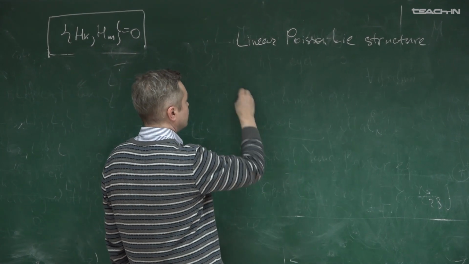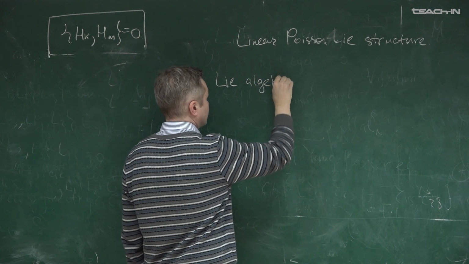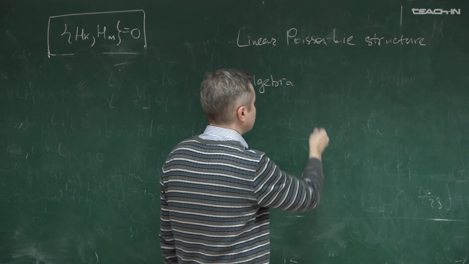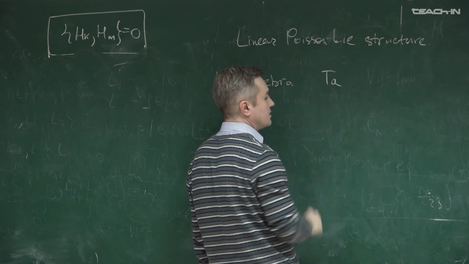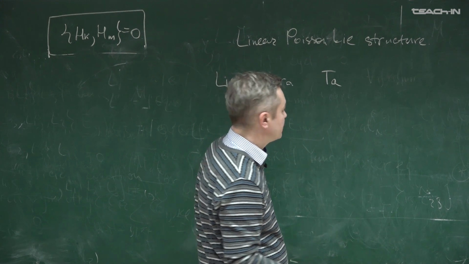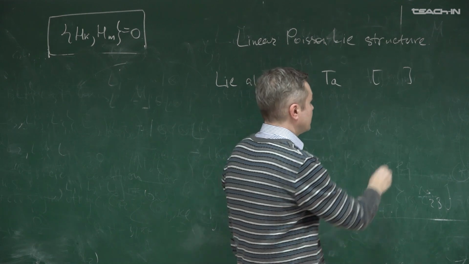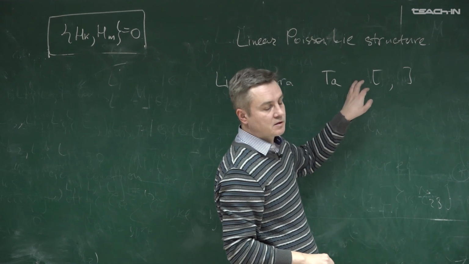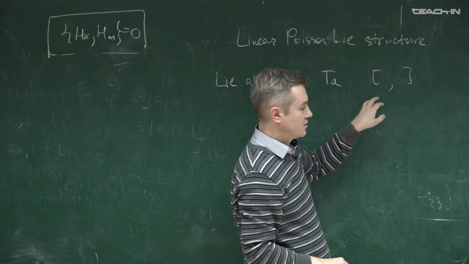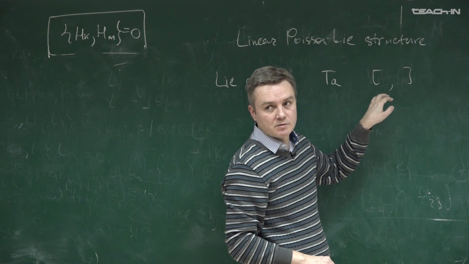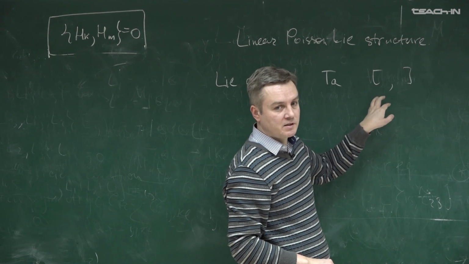If you have some Lie algebra, it is a vector space with some generators and an operation which is called the commutator, which is very similar to the definition of the Poisson bracket, because this commutator, as well as the Poisson bracket, should be skew symmetric and satisfy the Jacobi identity.